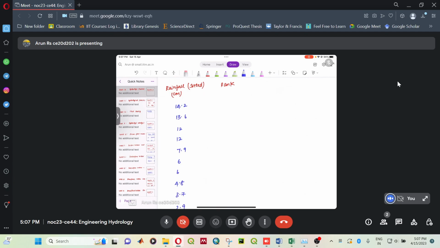Next step is to assign the rank. So this will be 1, 2. Since these both events have the same rank, we are going to skip the number 3 and assign rank 4 for both the data.